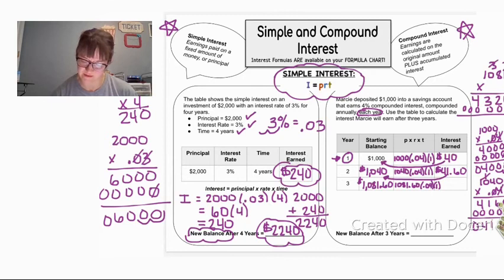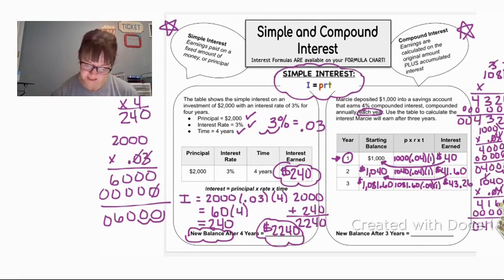And then we'll add. So in this 3rd year, she's going to earn $43.26.